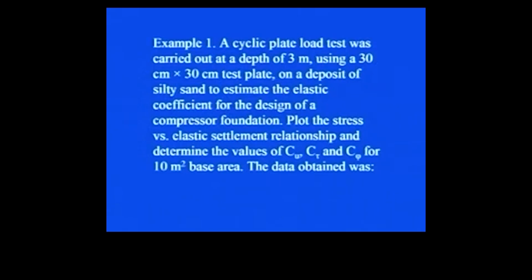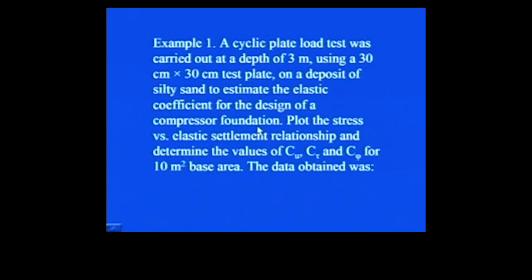The statement of the example is that a cyclic plate load test was carried out at a depth of 3 meter using a 30 centimeter by 30 centimeter test plate on a deposit of silty sand to estimate the elastic coefficient for the design of compressor foundation. In the last class we saw that there were three types of machine, and when we were discussing the salient features of them, we saw that reciprocating machine is to be used for compressor foundation.